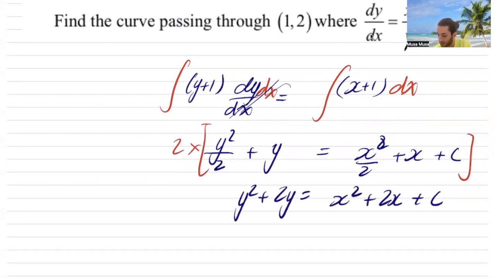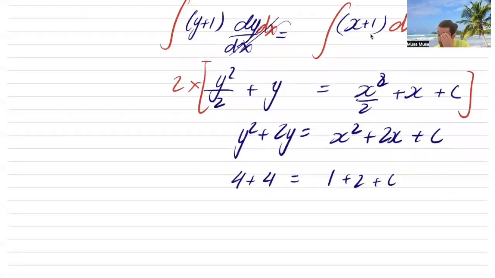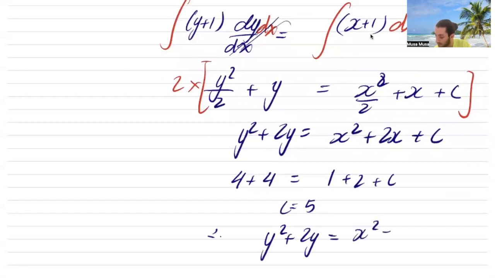So every time you see a y, chuck a 2 in there. 2 squared is 4, plus 2 times 2 is 4, equals 1 plus 2 plus c. And that means that c equals 5. And therefore, y squared plus 2y equals x squared plus 2x plus c.